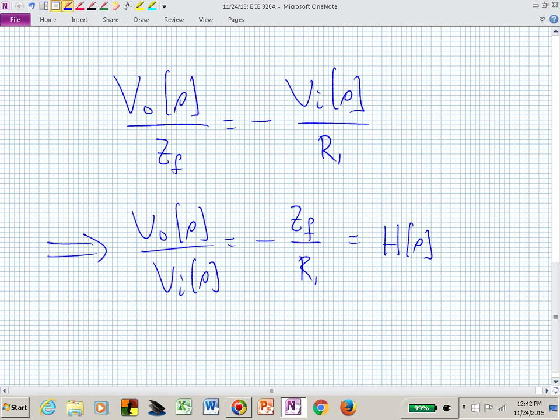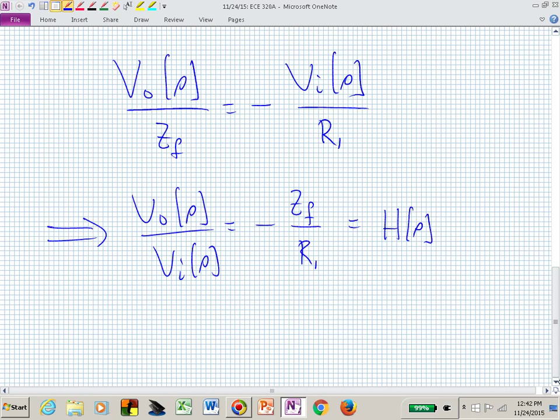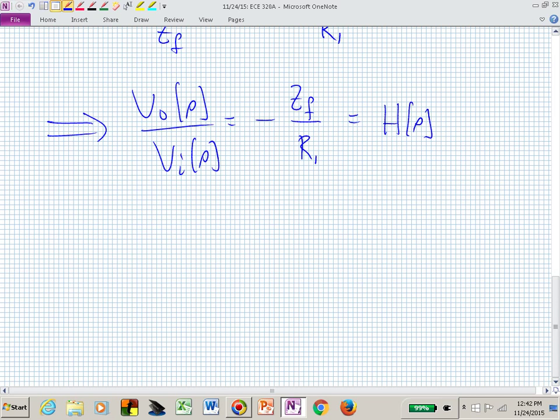But we've already derived the formula for that impedance, capital Z sub F, which allows us now, let's go ahead and push that R sub 1 in the denominator into the numerator of that fractional expression for Z sub F, and we have minus R sub 2 over that R sub 1 in the numerator, and then we have S R sub 2C plus 1.